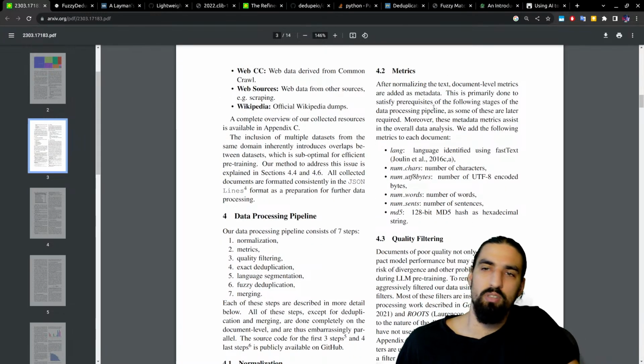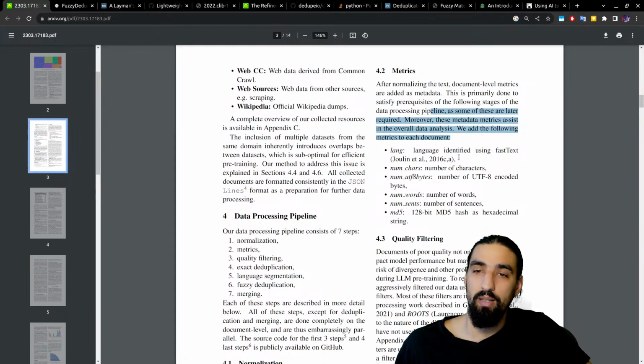After normalizing the text, document level metrics are added as metadata: language, number of characters, number of UTF-8 bytes, number of words, sentences, and MD5 hash. Interesting.